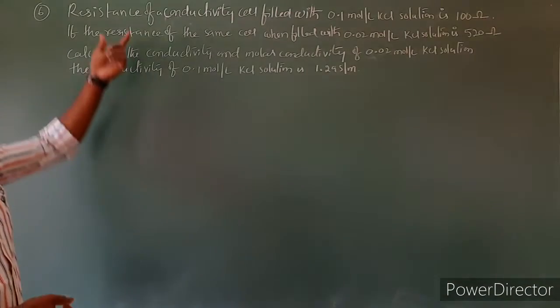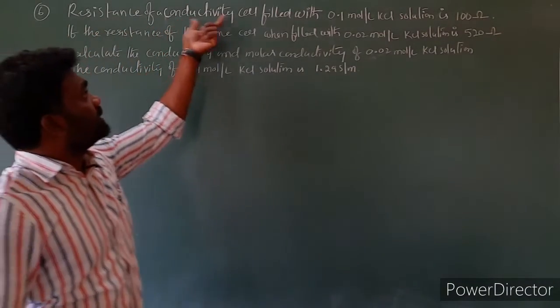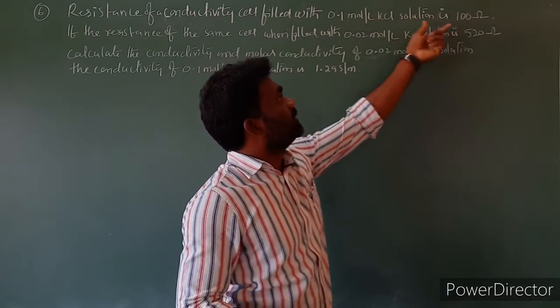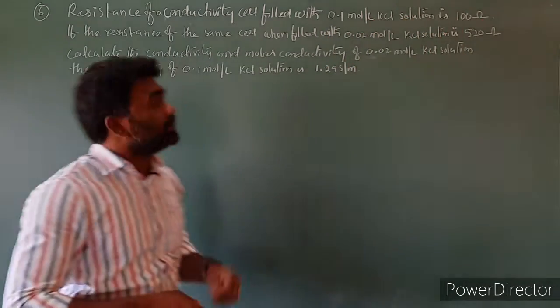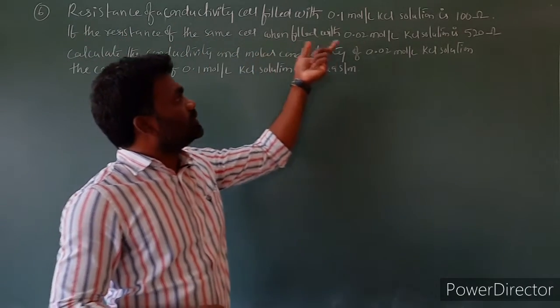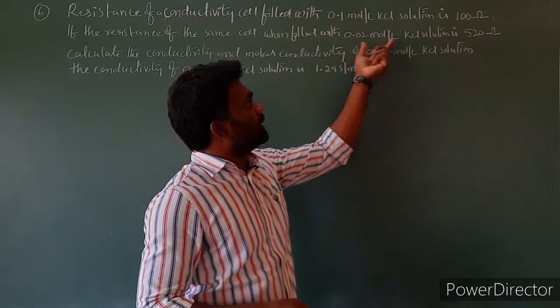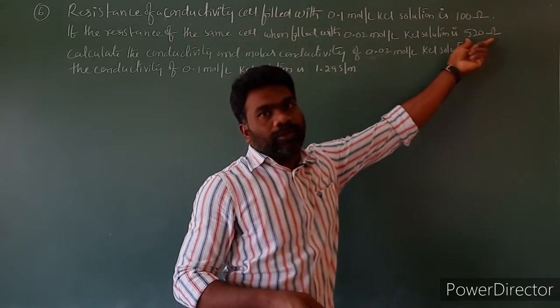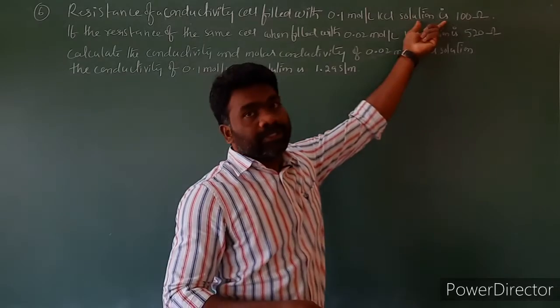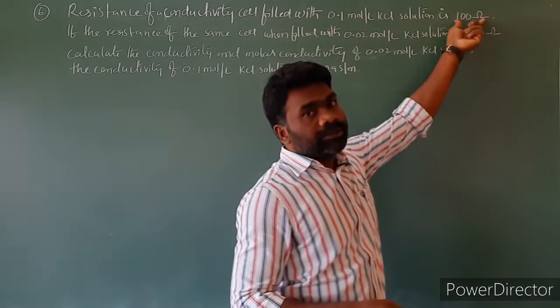Next problem. Resistance of a conductivity cell filled with 0.1 mole per liter KCl solution is 100 ohms. If the resistance of the same cell when filled with 0.02 mole per liter KCl solution is 520 ohms. Here the concentration is 0.1 mole per liter KCl solution, its resistance is 100 ohms.